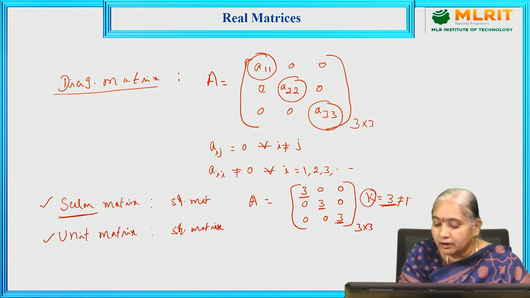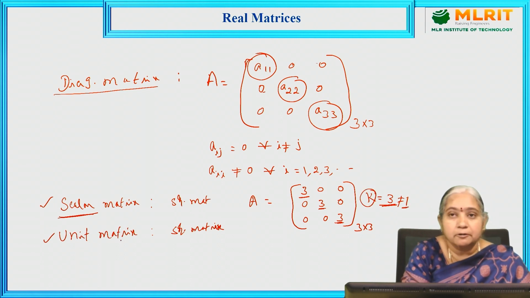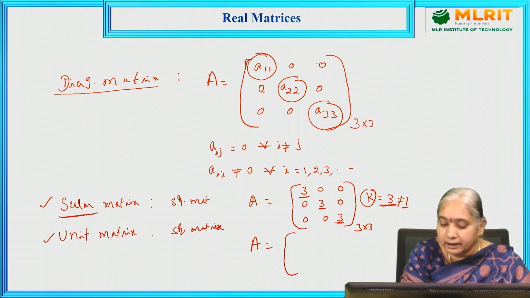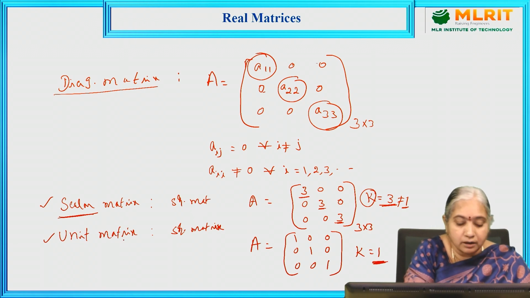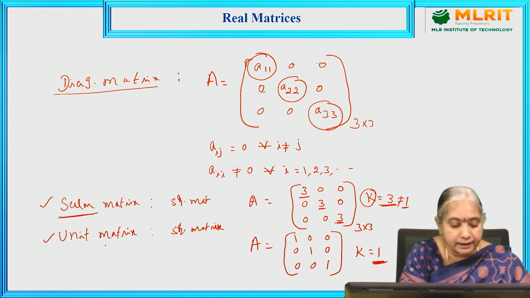Whenever k equal to 1, then that type of matrix is a unit matrix or identity matrix, that is 1 0 0, 0 1 0, 0 0 1. If the diagonal elements are 1, that is k equal to 1, then this type of matrix is called a unit matrix or identity matrix.